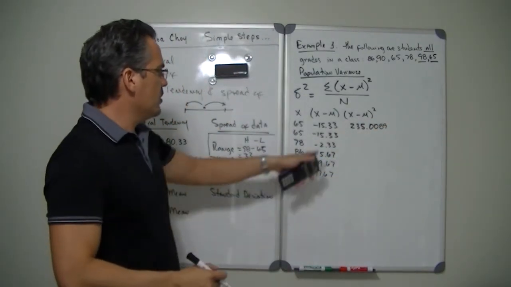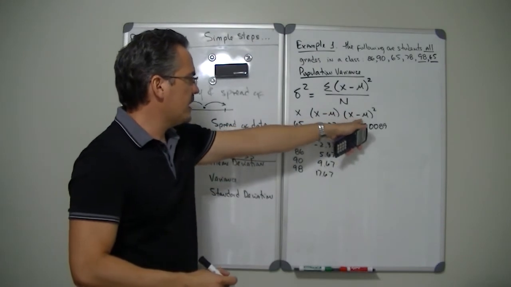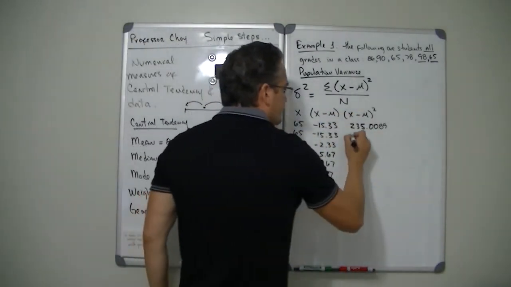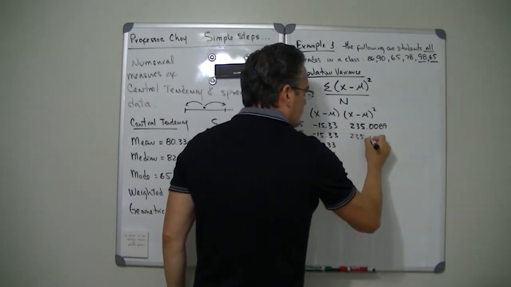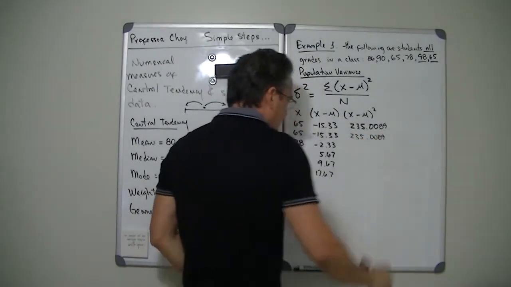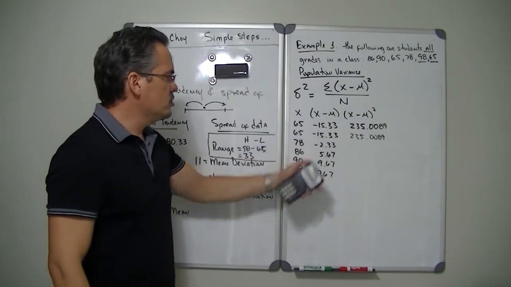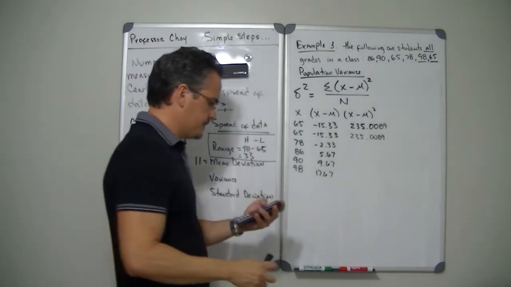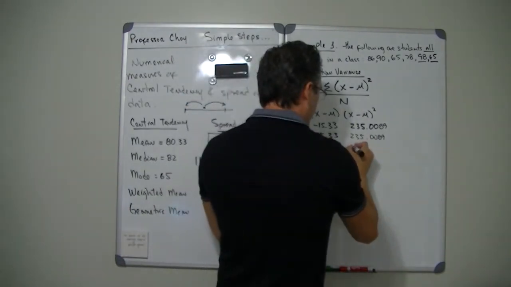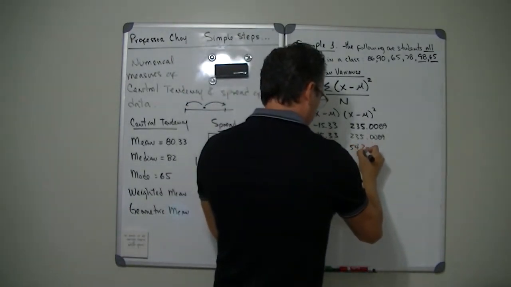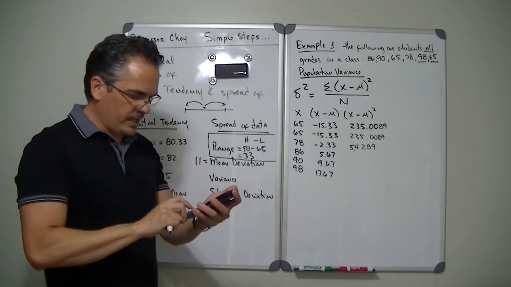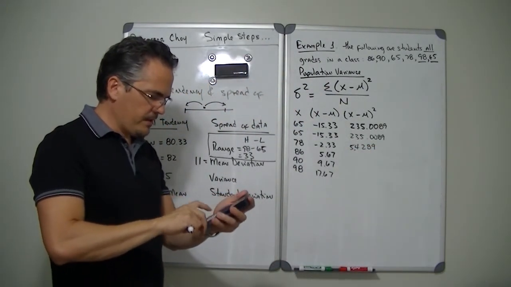Now we're going to do this number again, x minus mu squared, which is this number squared. Then we do negative 2.33 squared. Then 5.67 squared.